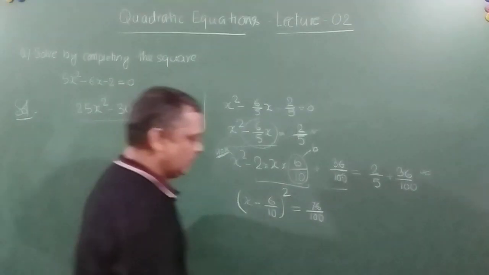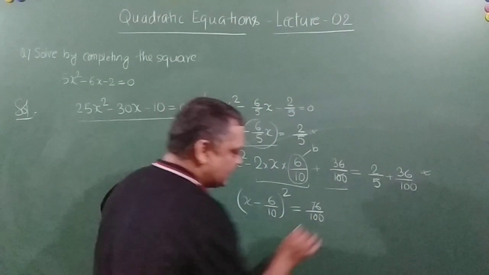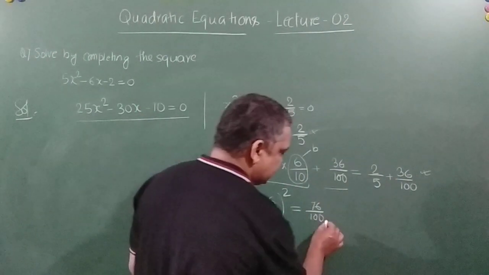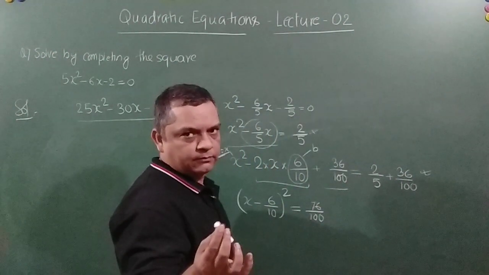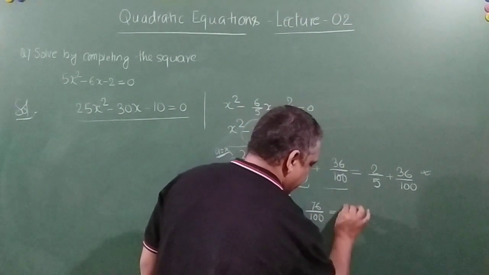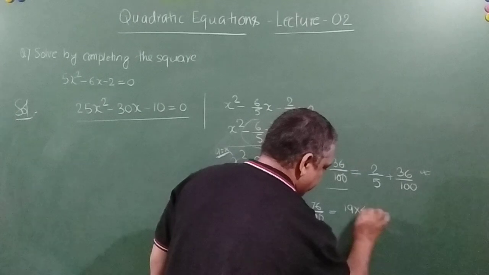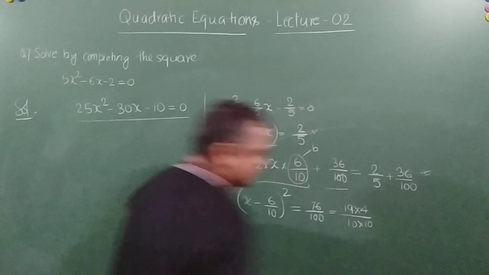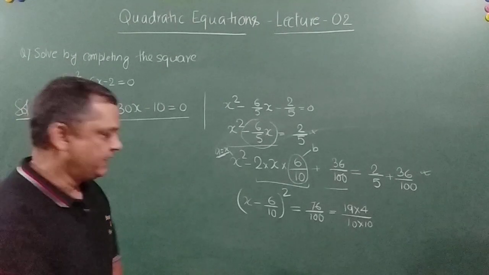Yeah? Now, what I will do is that 76 by 100, 76 can be written as 19 into 4, right? I'll just do that. I'm just trying to write it. 19 into 4, and this is 10 into 10, the denominator, right?